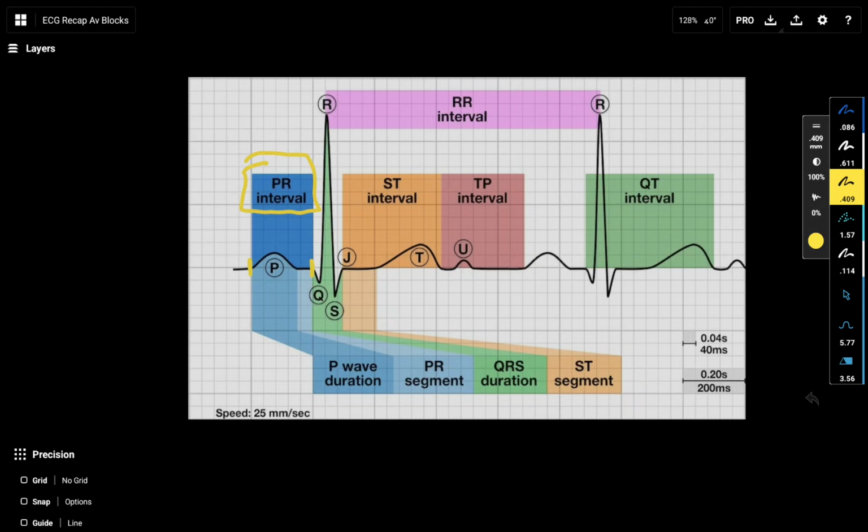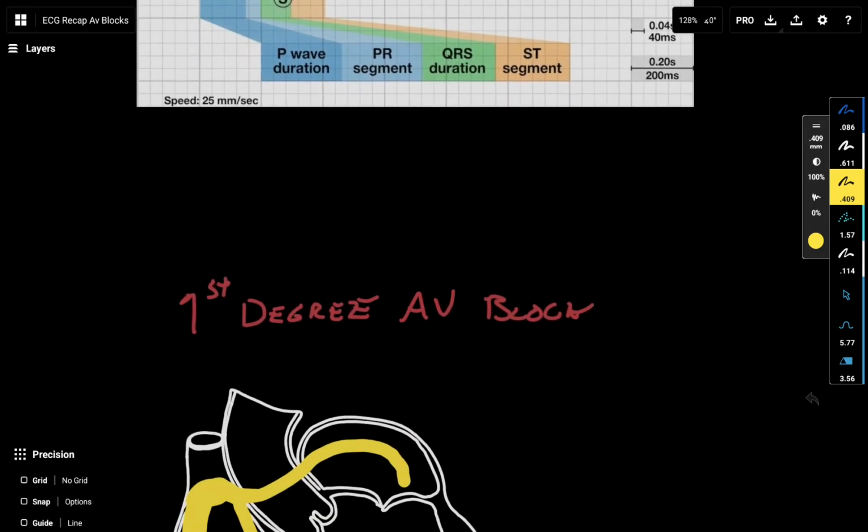The one we are interested in is the PR interval, and as we know, the PR interval should really be less than 200 milliseconds, or about 3 to 5 small squares. That said, let's move on to our first AV block.